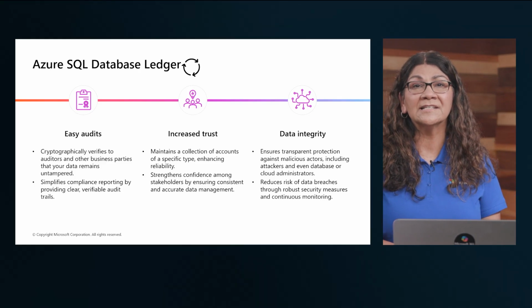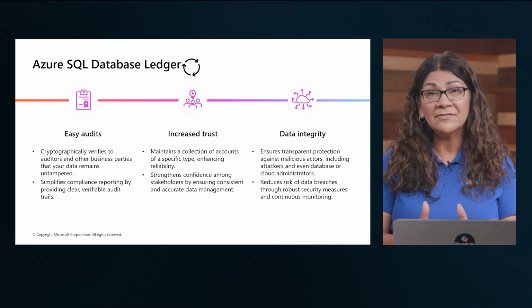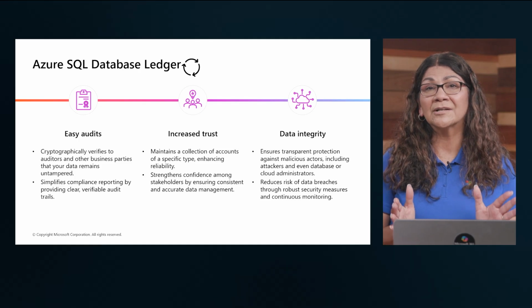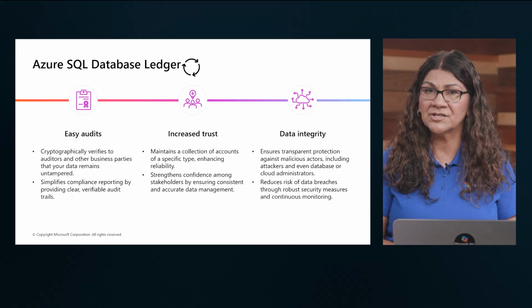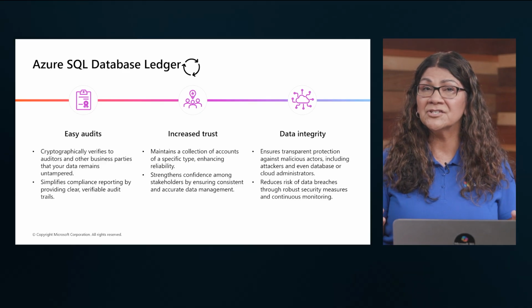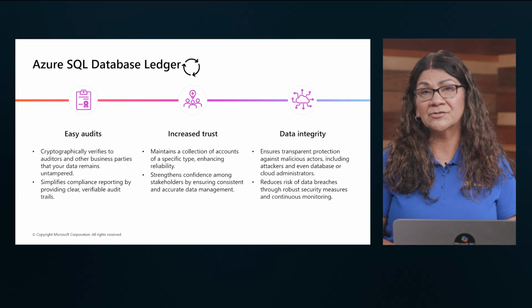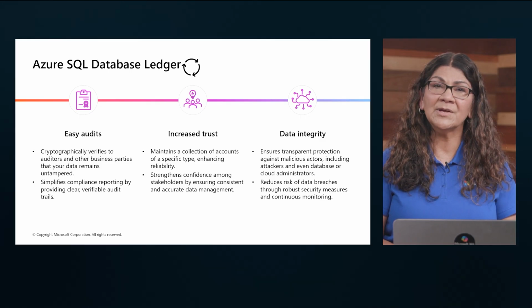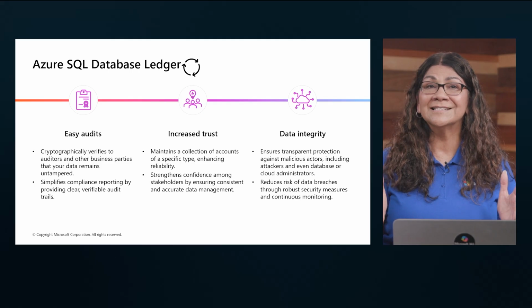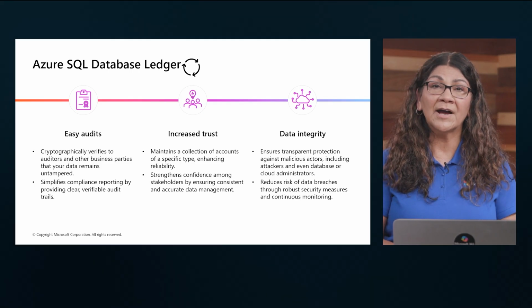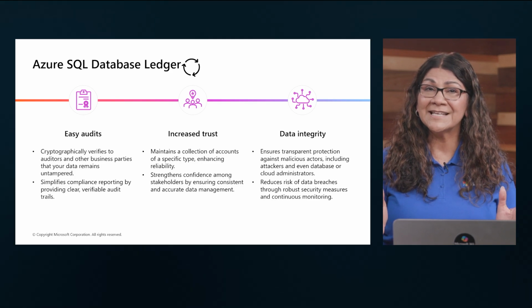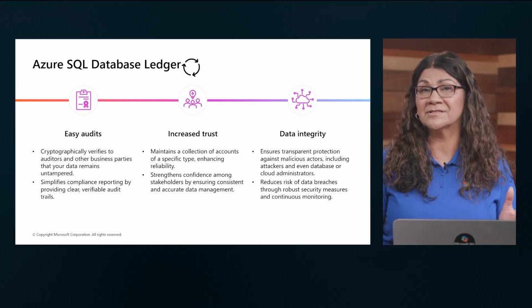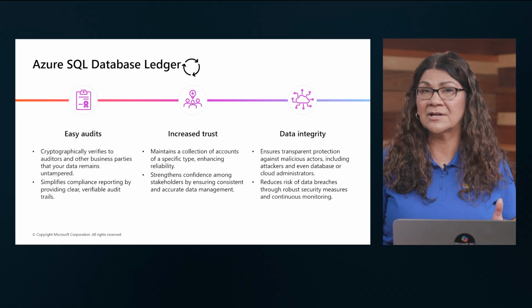Additionally, it guarantees data integrity, even in off-chain blockchain scenarios, by protecting against unauthorized changes, including those from malicious insiders or administrators, without compromising performance. Azure SQL Database Ledger ensures data integrity by providing transparent protection against tampering, even from attackers or privileged users like database or cloud administrators.